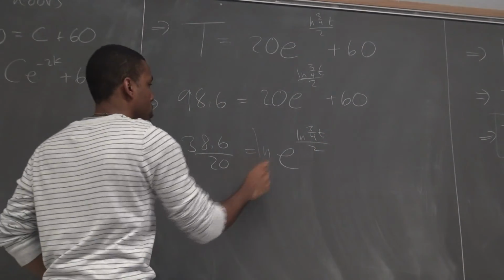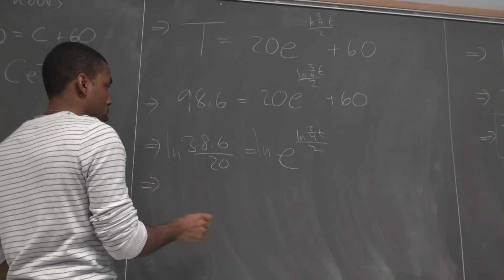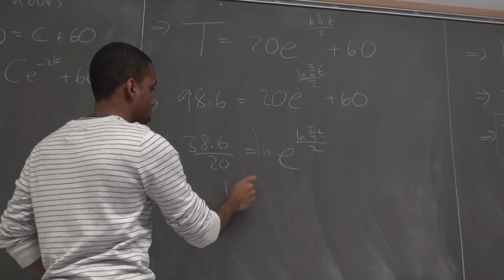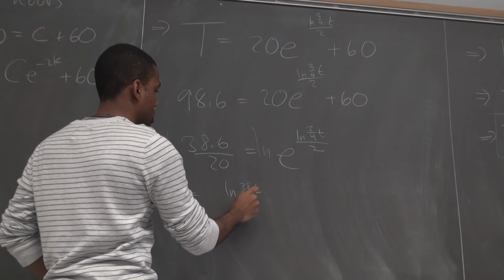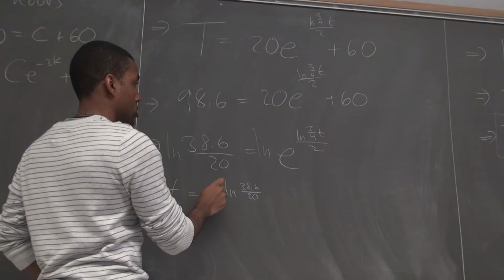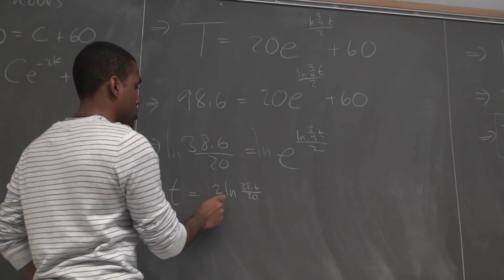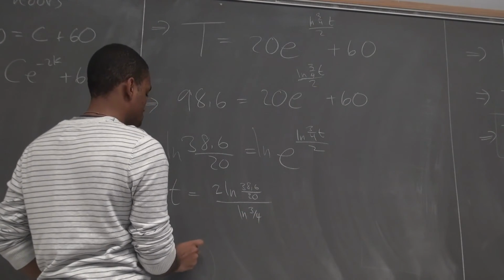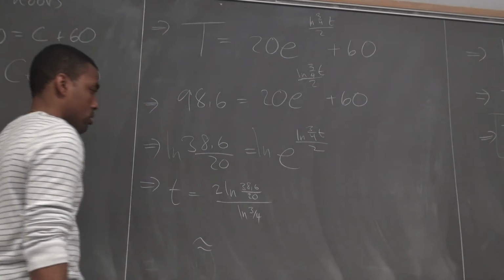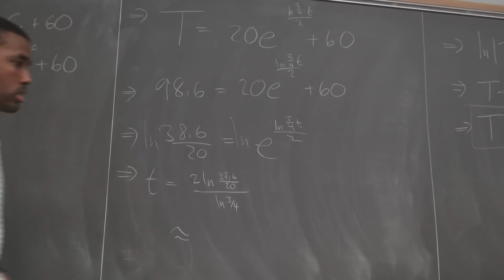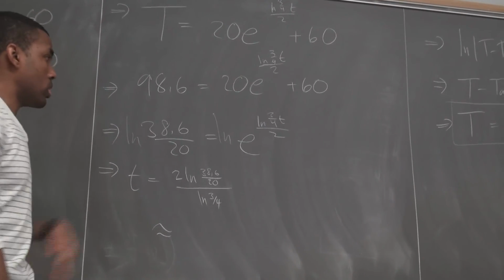Ln both sides. This means t would be ln of 38.6 over 20, times 2, divided by ln of 3 over 4. Where did the 2 come from? Oh, I see it there.